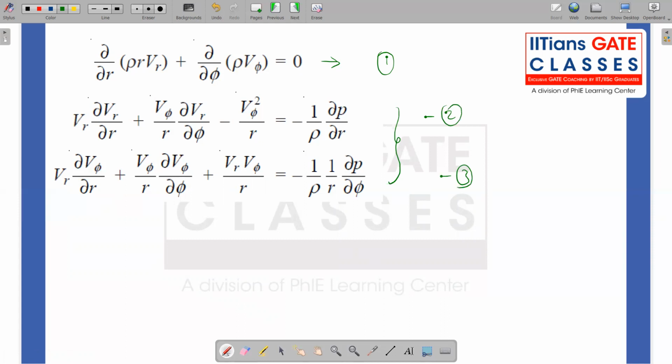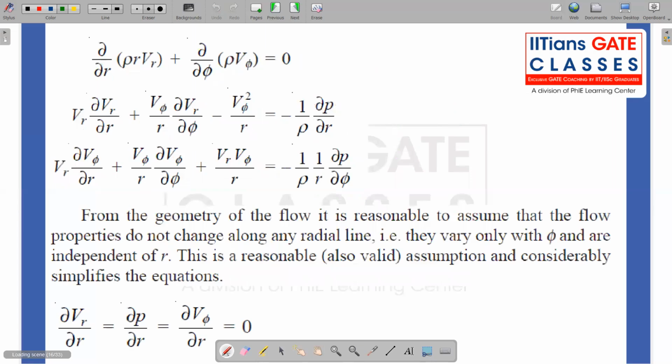Now what I am actually assuming is, we have to have some kind of a constraint that in the radial direction nothing changes. Like I had a corner like this, and I had an expansion like this, radial line. So along this radial line, nothing changes.